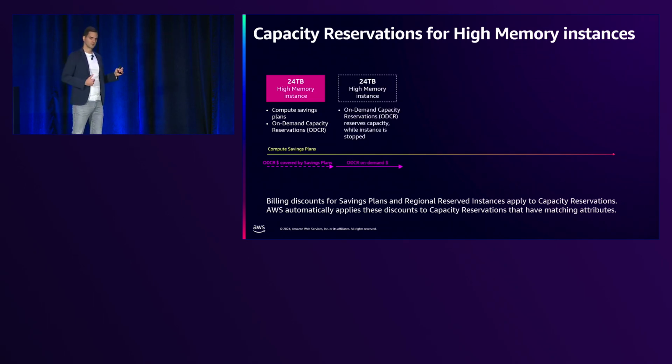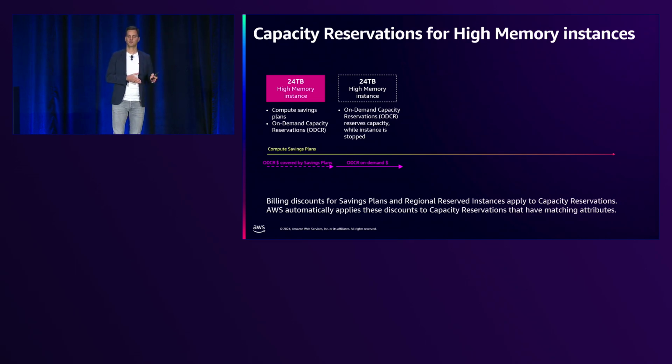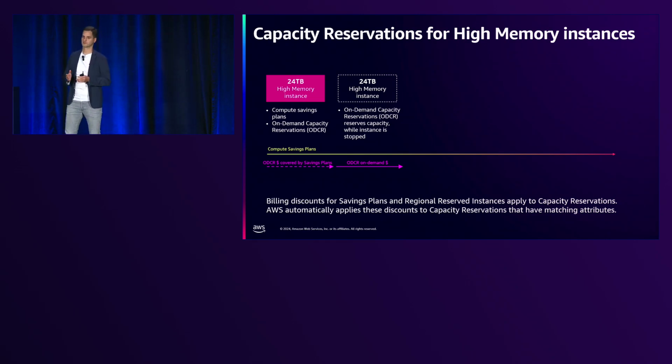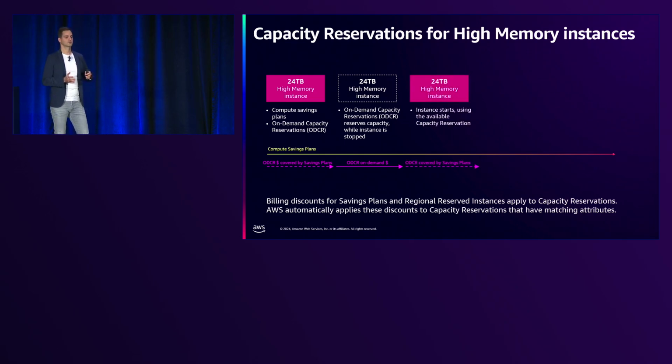When you stop your instance, you still have the capacity reservation, and you're getting charged in an on-demand fashion as long as the instance is in status stopped. But you reserve the capacity, so as soon as you start the instance up again, you have capacity in place and you can start up your instance.